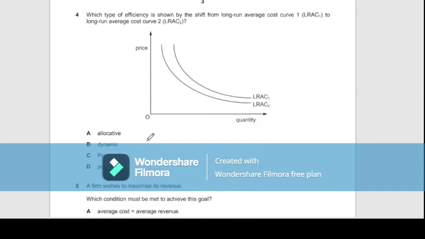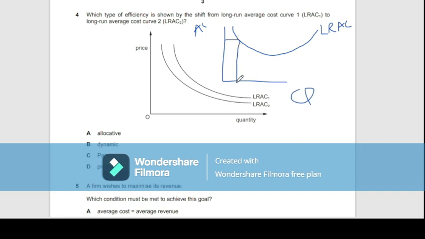Question number 4. Which type of efficiency is shown by the shift from long run average cost curve 1 to long run average cost curve 2? Now, we know well that if this is output and this is average cost, in the long run, firms in imperfect markets, to be precise, oligopolies and monopoly, are able to operate along the average cost curve at the point where average cost is decreasing as output is increasing.